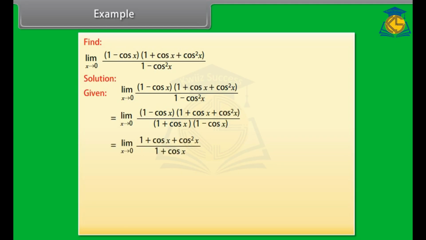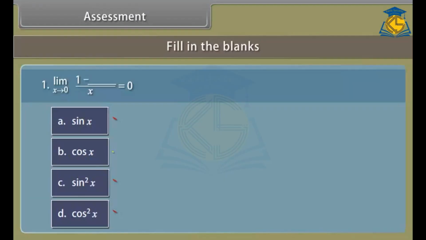Limit x tends to 0 of (1 plus cos x plus cos square x) divided by (1 plus cos x). 1 plus cos 0 plus cos square 0 divided by 1 plus cos 0. 1 plus 1 plus 1 divided by 1 plus 1, and we get 3 by 2.